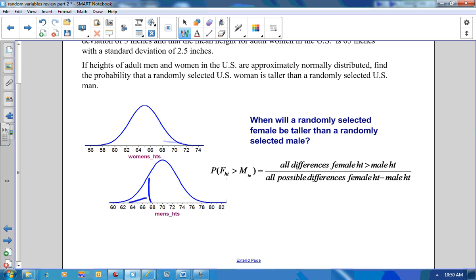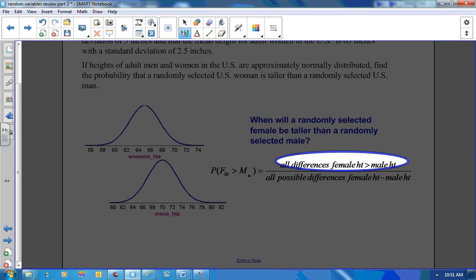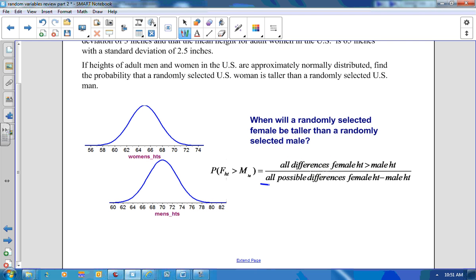So in order to answer the question, what's the probability that a randomly selected female's height is greater than a randomly selected male's height, I have to build a distribution of all the possible differences where the female height is greater than the male height. That's what I consider success. And then I put that over every possible difference. So we need to build a new distribution.